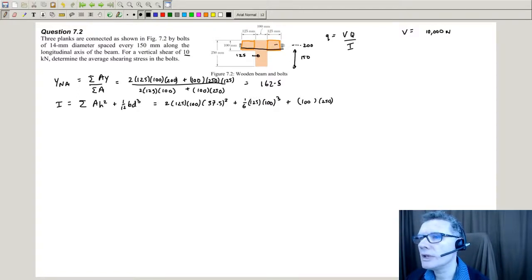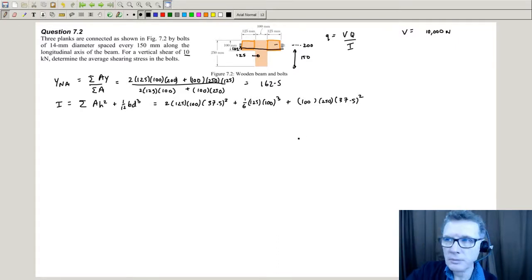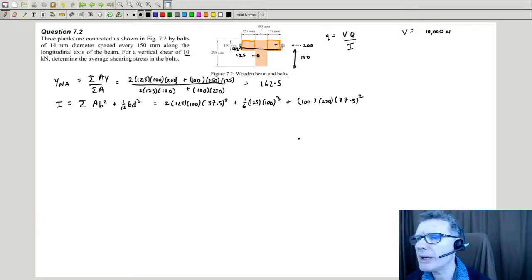And now I want to take that away from the neutral axis, which is at 162.5 there. I'm only interested in the distance. Actually, I should know this for T-beams. It works out to be the same. 37.5 squared. Okay, so that's our parallel axis theorem applied.